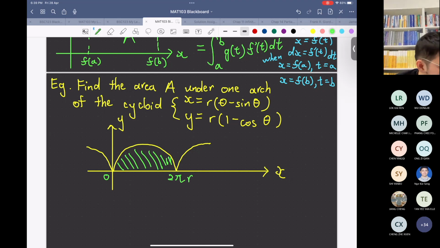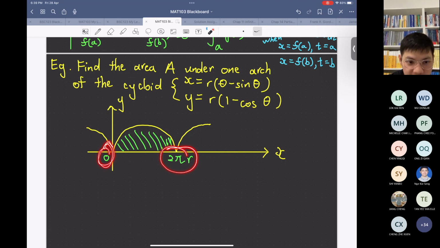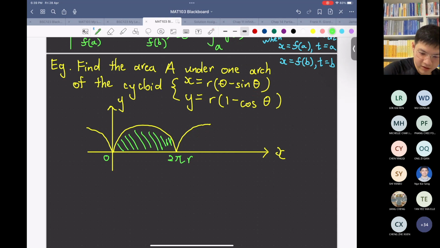This range is given in x, so we still need the range of theta. How do we find it?